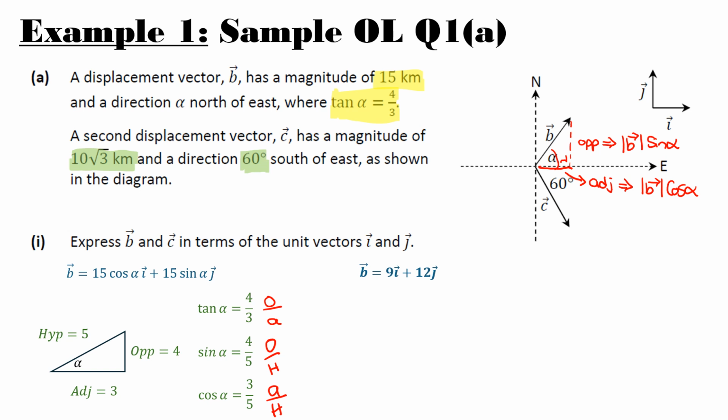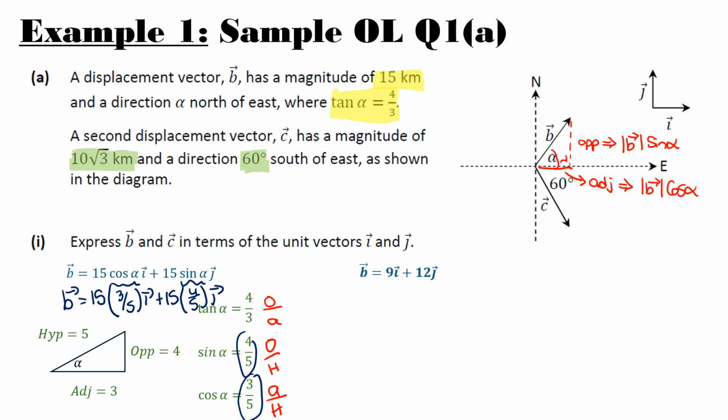So b is 9i plus 12j. Just be careful with this. Often I see students when they're starting off putting in this for alpha. So we're changing cos alpha to 3 over 5, and we are changing sine alpha to 4 over 5. So you're subbing in for sine and for cos in this case, not the angle.